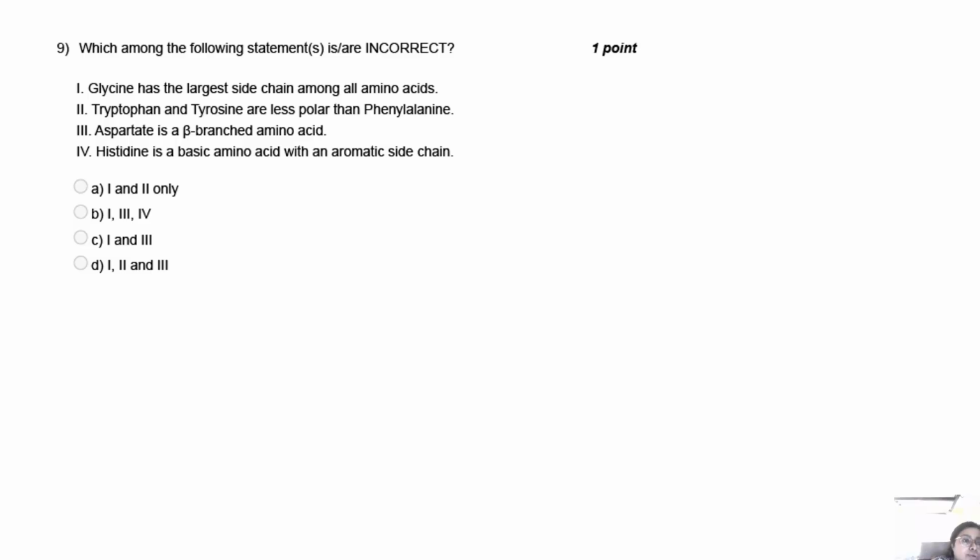Aspartate is a beta branched amino acid, and histidine is a basic amino acid with an aromatic side chain. Which ones do you think are incorrect?